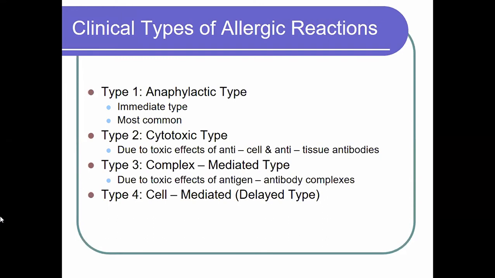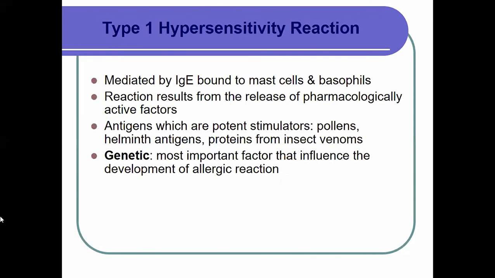So, the first two allergic reactions are antibody-mediated. And type 3 is complex-mediated type of allergic reactions. This complex refers to the antibody and antigen complexes formed, whereas the type 4 is the cell-mediated one. Type 1 hypersensitivity reaction. Again, this is mediated by immunoglobulin E bound to mast cells and basophils.